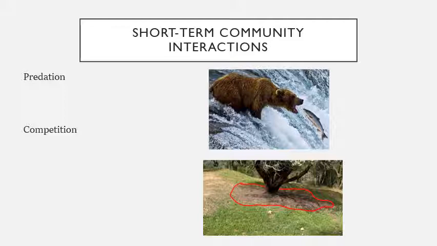And that chemical is killing any plant that is there. And in that way, the black walnut tree is competing with the population of grasses that are around it. And in that particular case, the black walnut tree is interacting with the grass, but it's not consuming the grass. It's just basically trying to get resources.